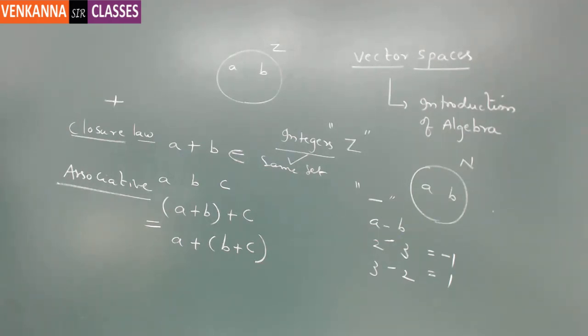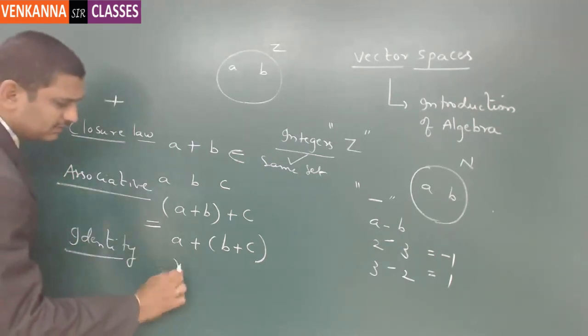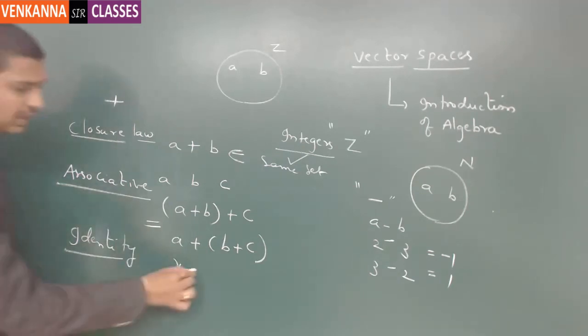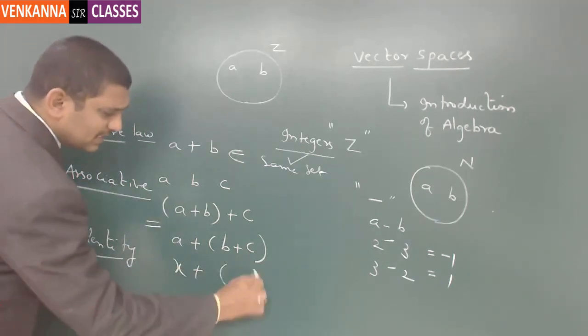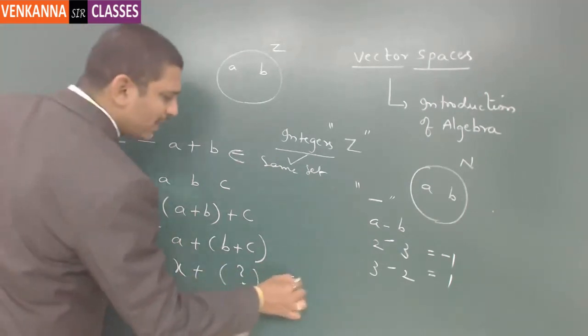Fine. Now, the other property I am going to say is identity. Identity means you take any integer. Can you find an integer such that after adding it, I should get the same value?